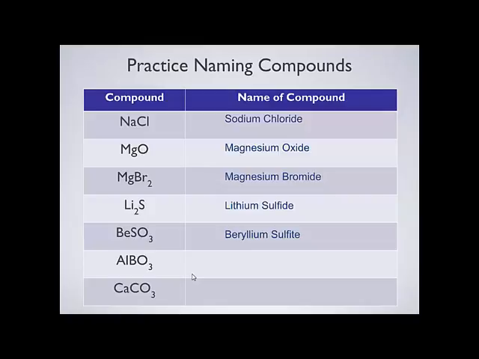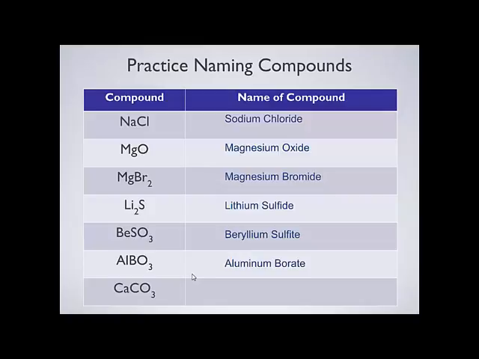Sulfite. How about AlBO3? That was way too confusing. AlBO3. Jackson? Al. Aluminum borate.